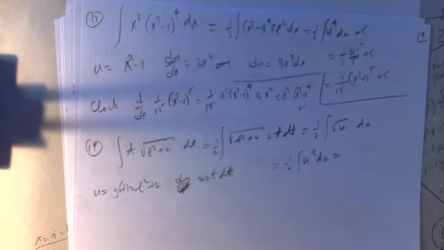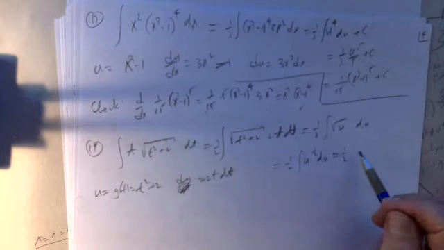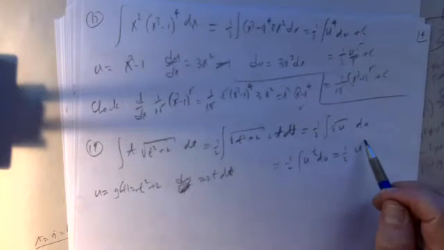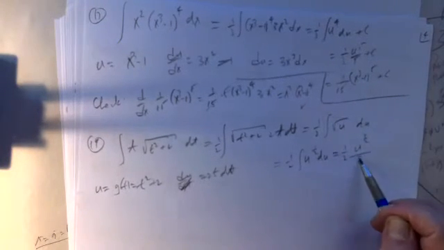What's the integral of u to the 1/2? U to the power minus 1/2? No. 3/2. U to 3/2. Yes, almost. Times what? 3/2. You add 1 to the half, you get u to the 3/2, divide it by 3/2.